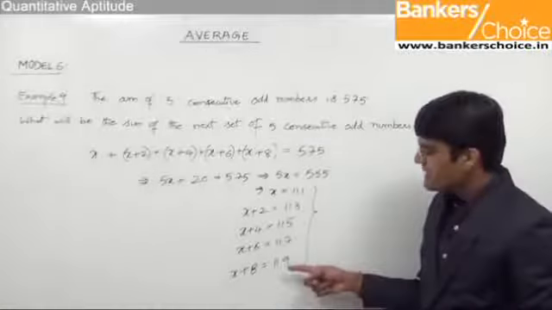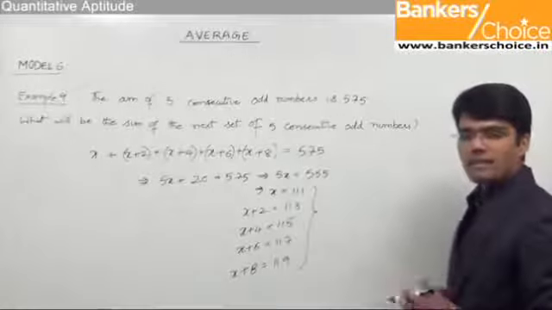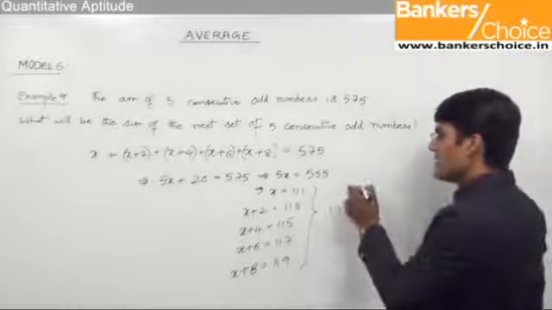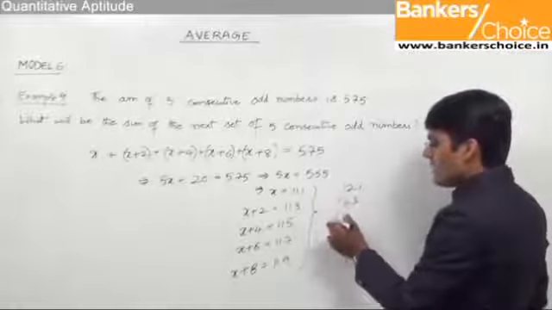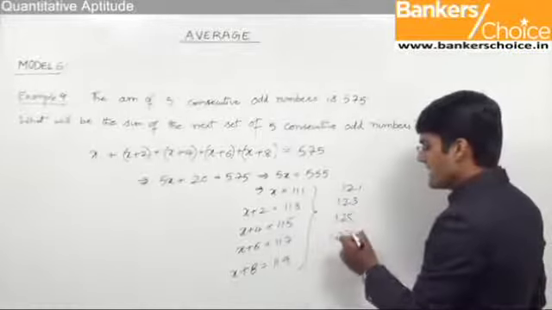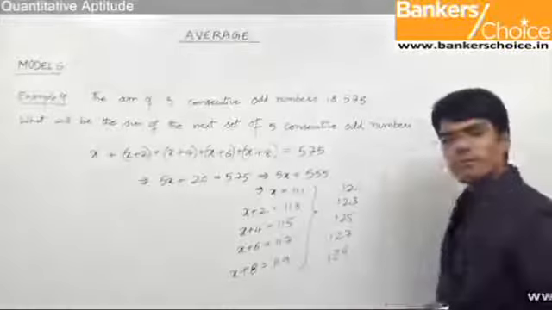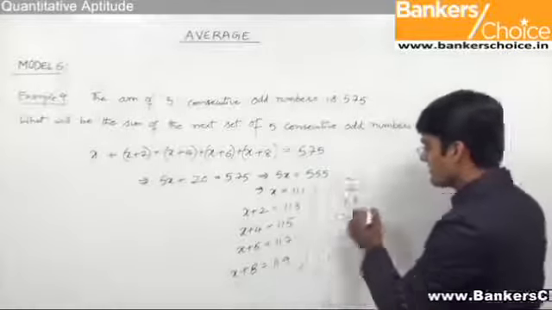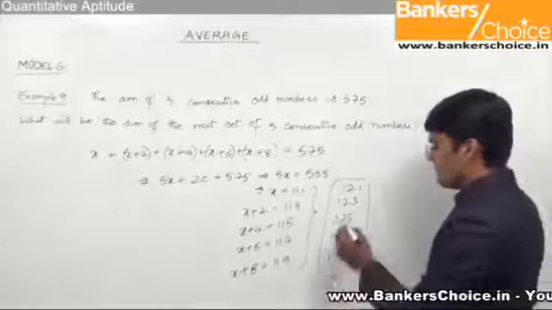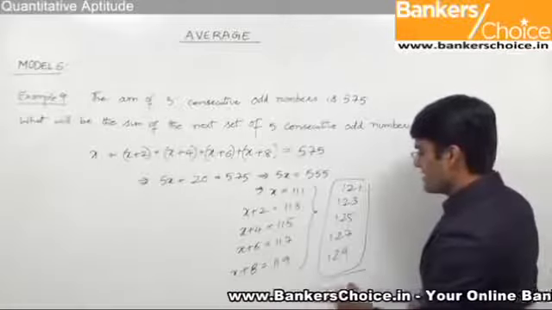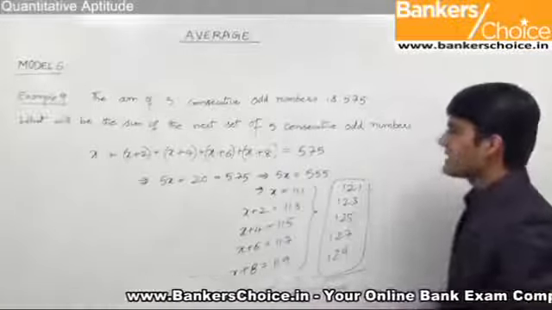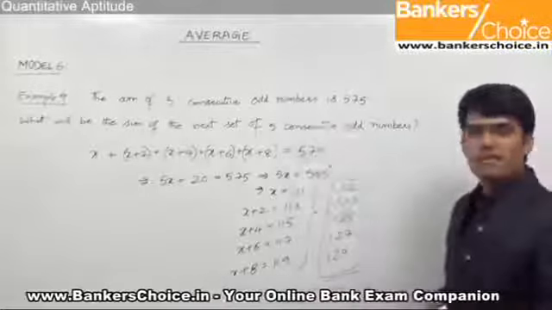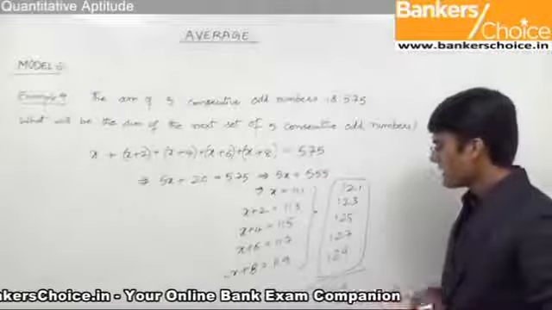So the next set of consecutive numbers that we have after these 5 numbers will be 121, 123, 125, 127 and 129. And the sum of these numbers will be equal to 625. So we can say that the sum of the next set of 5 consecutive odd numbers is 625.